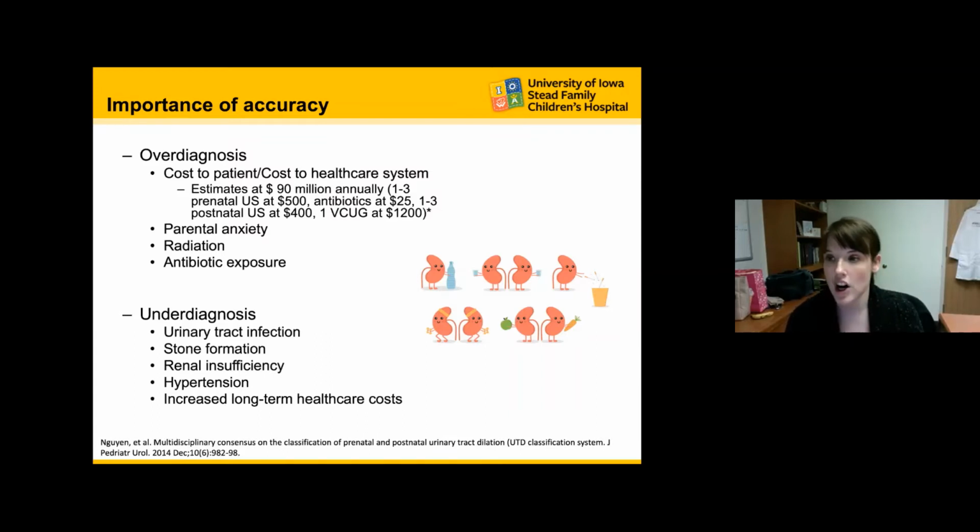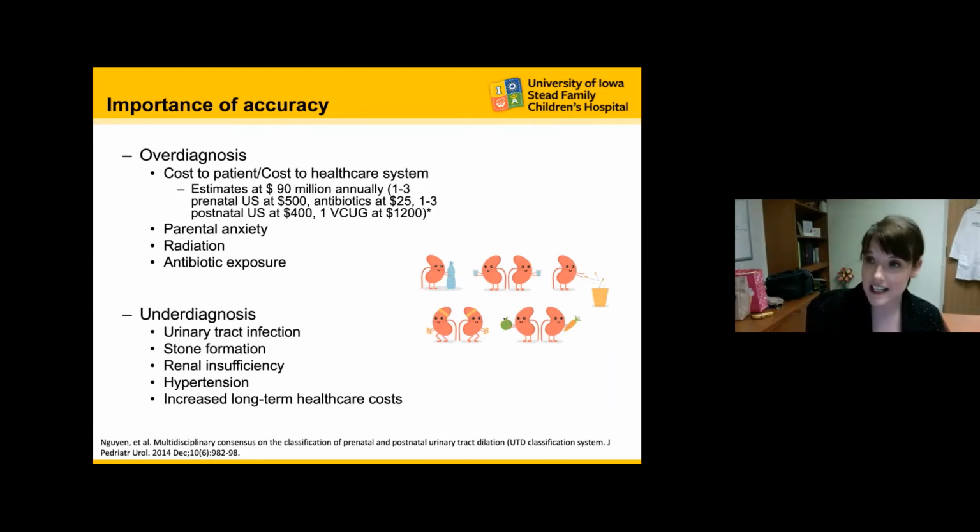I'm sure you have all seen kids who come to your clinics that you are following with ultrasounds over time, and no one really knows the right way to do it. But every time they have to come in, they pay for that ultrasound, they pay for potentially travel. I know in Iowa, that's a big deal. We have people coming to us from multiple hours away. They're paying for loss of work. Parents often don't understand why they're so closely following up.